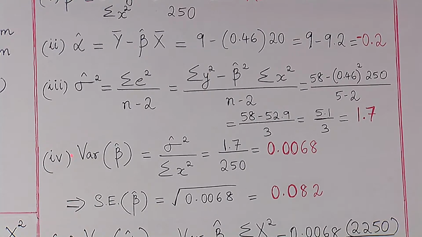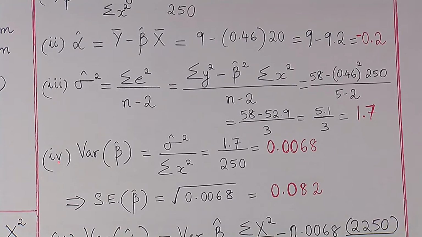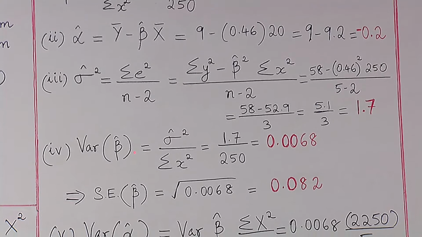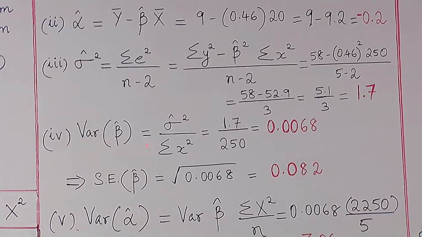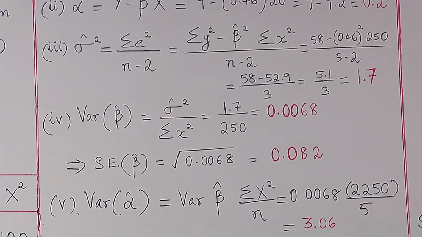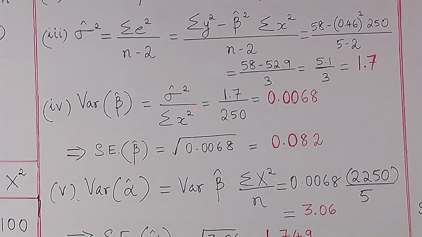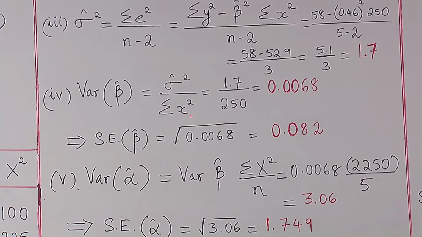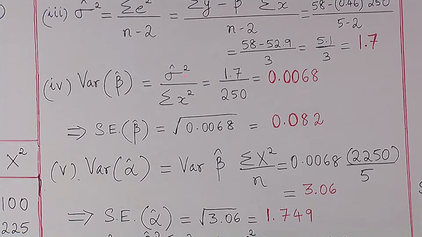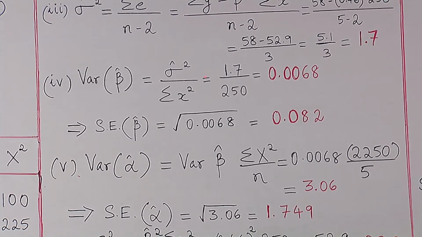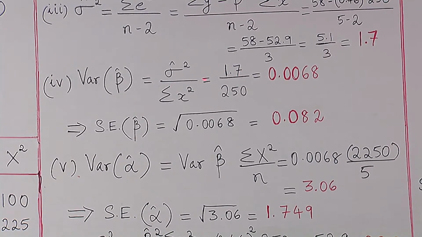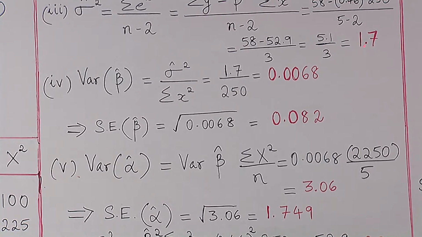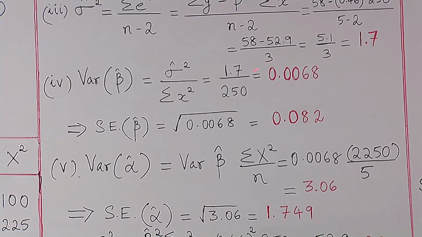Let us go to the next step of computation of variance of beta hat. Variance of beta hat is nothing but sigma hat square by summation of small x square, and as in the previous case, you substitute variance of the error term that you have computed already 1.7 and divide it by sigma small x square, which is 250.